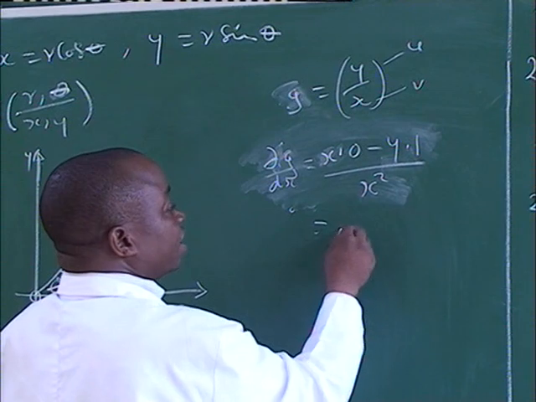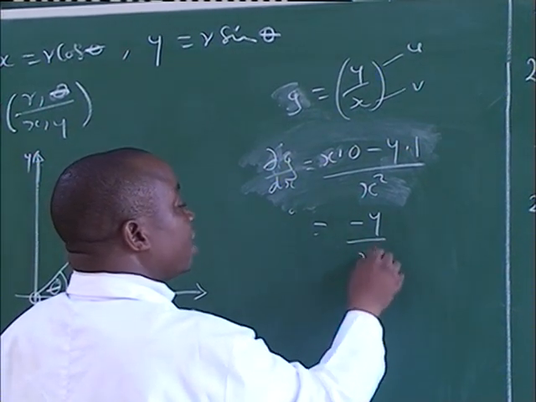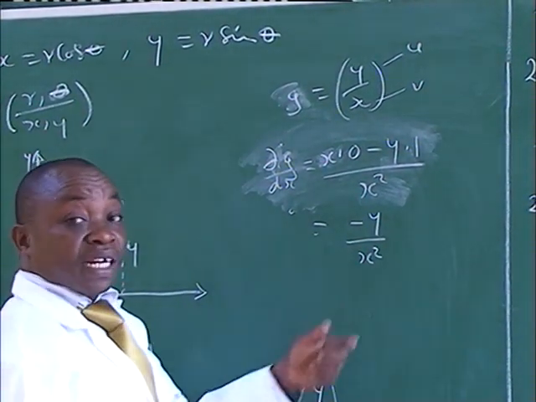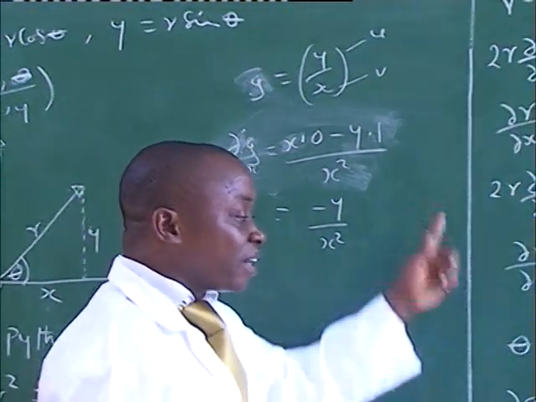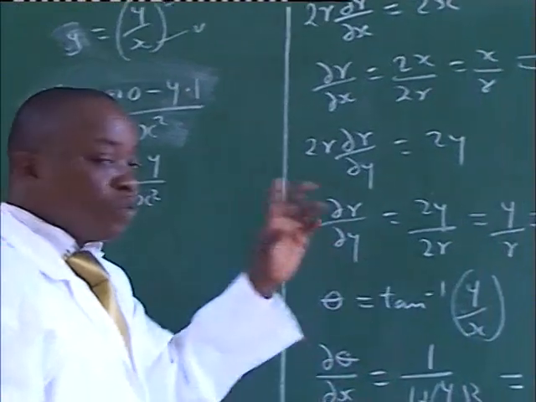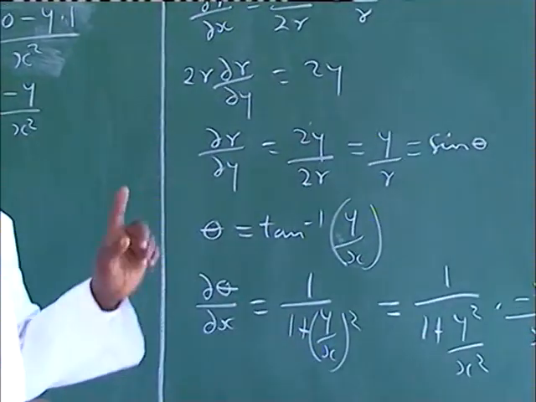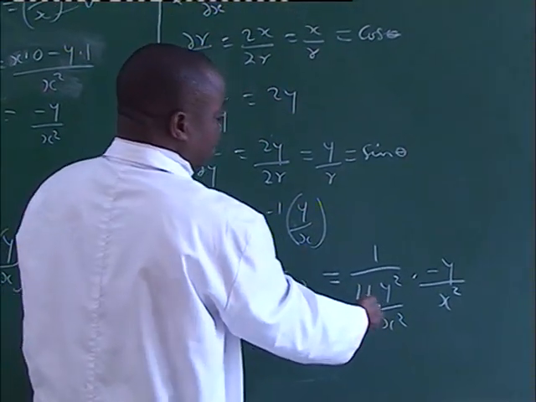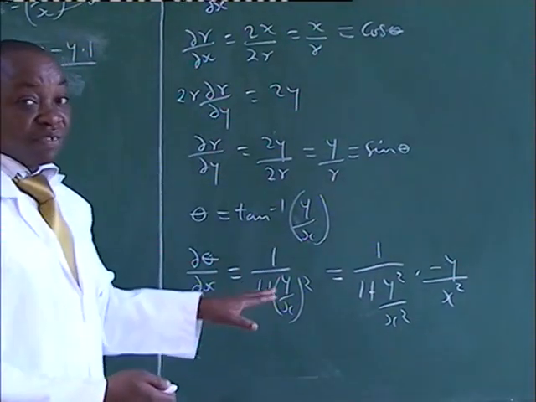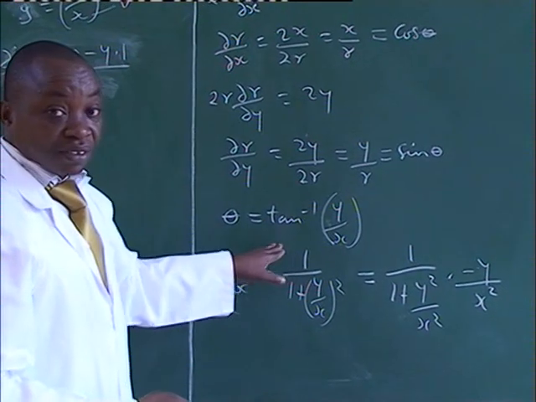And so what I have here is minus y over x squared. Look at that. When I differentiate u itself, then when I differentiate theta with respect to u, I will have 1 over 1 plus u squared. Now, this is how we differentiate functions of several variables that involve this.